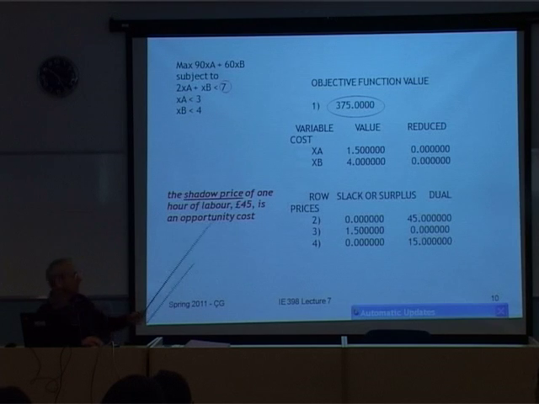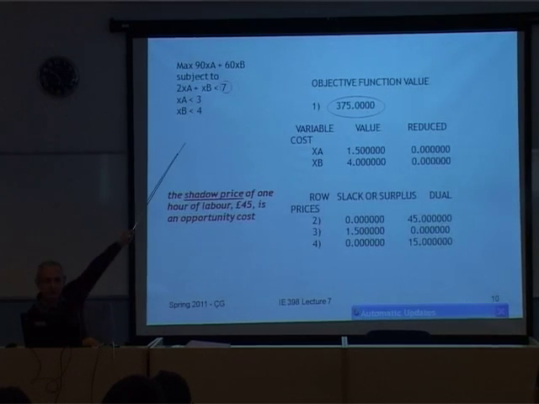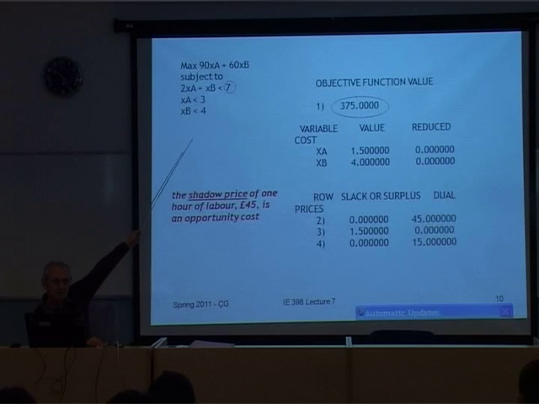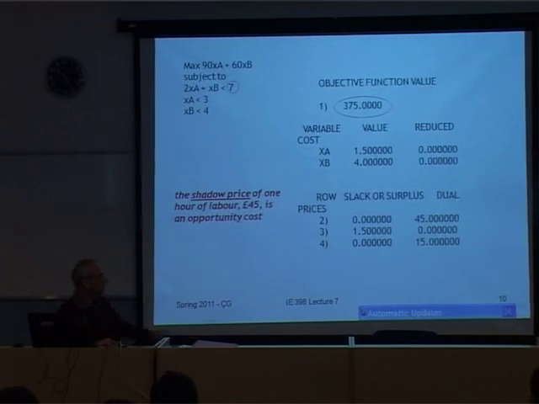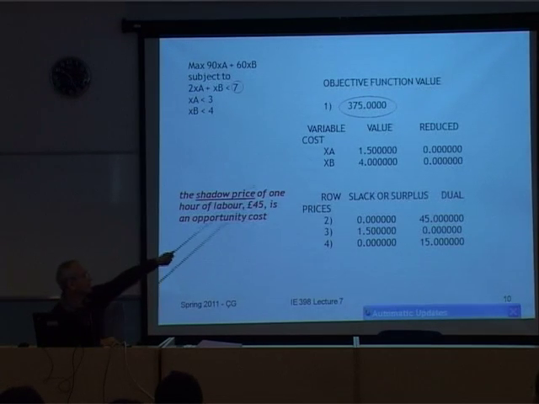Suppose we change our formulation by reducing the total amount of labor hours from 8 to 7, okay? It is reduced from 8 to 7. We solve the problem again. Now this time, since we have less labor to use, our total profit is reduced from 420,000 pounds to 375,000 pounds, because we have less resources.